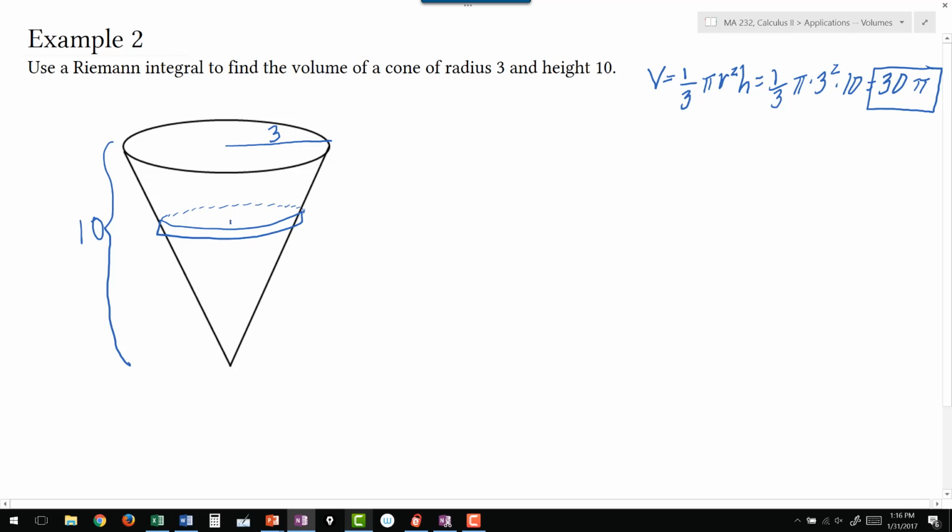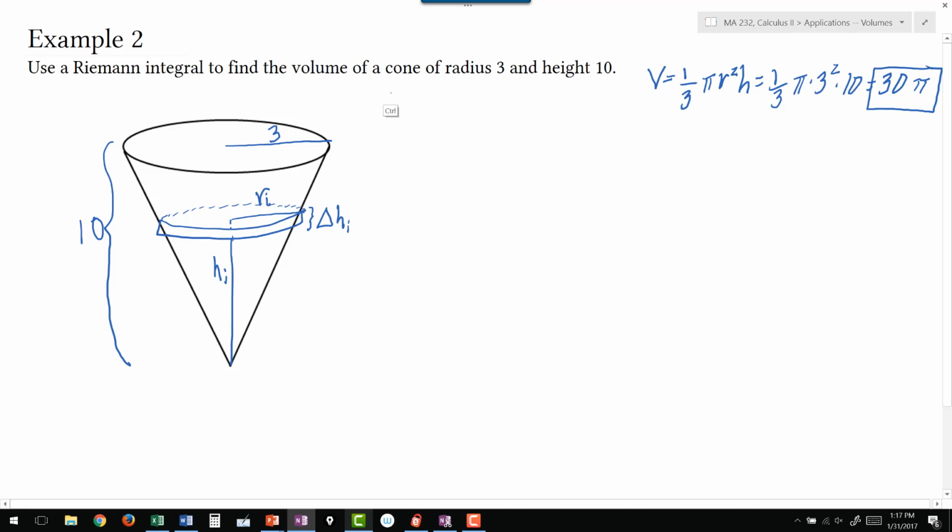I'm going to let h be the distance from the vertex of the cone up to a disk. That's my h sub i for the ith slice. And I let the radius of this slice be r sub i. And the thickness of the slice is delta h sub i. Now, disks are figures that we know how to find volumes for.